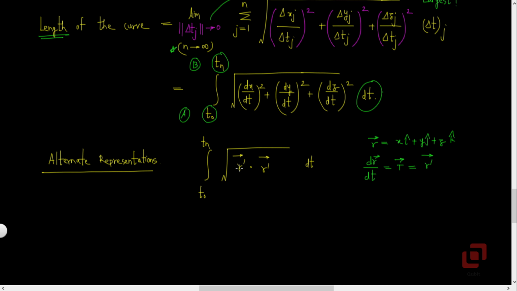Clearly, if we take the dot product of r dash bar with r dash bar itself, all that we are required to do is take each component of r dash bar, multiply it by the same thing and take the square.